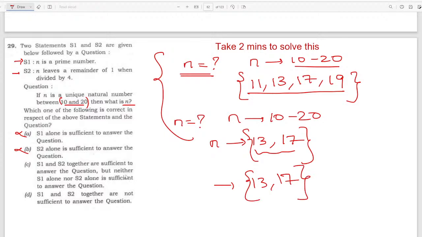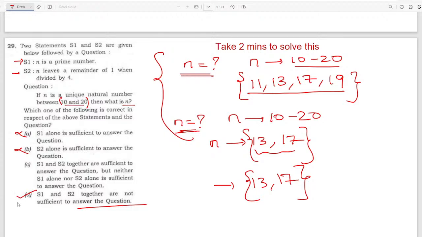So even after combining these two, we are left with only two options, 13 or 17. We clearly cannot come to one answer for n. So both the statements combined together will not help us get the answer. The correct answer is option D, S1 and S2 together are not sufficient to answer the question.